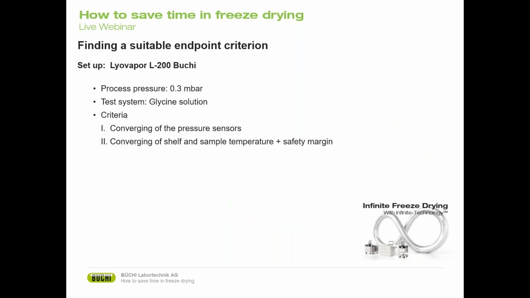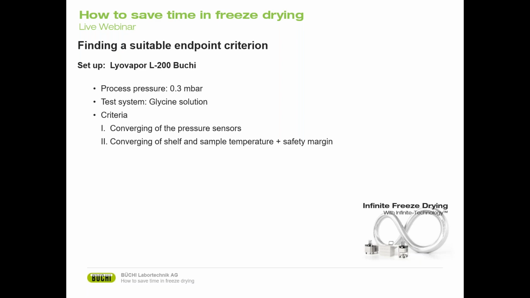Okay, so what I then did, again, I took glycine solution as an easy, simple test system. I set the process pressure constant to 0.3 millibar, and I used the L200 from lyoVapor from Büchi. I also determined two criteria to decide whether I have a good endpoint criterion or not.